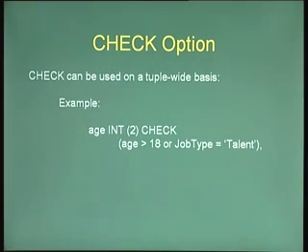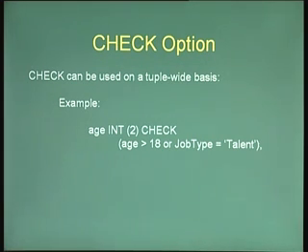The check constraint cannot only be used on an attribute basis, it can be used on a tuple-wide basis. That means a check constraint can perform checks on several attributes of a given tuple. The following example shows such a situation, where age int of 2, the age of an employee, let us say, is declared as an integer having 2 digits, and a check is performed to see whether age is greater than 18, the legal age for an employee in a company setting.